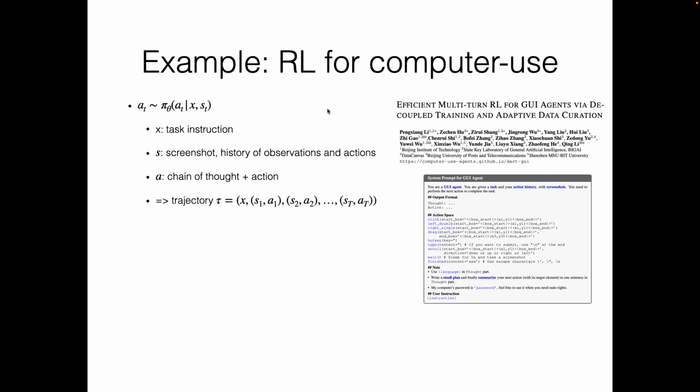And again, the environment here is going to be a computer use environment. Here you could see the system prompt that they give. Sorry, it's small again. But it says, here's your output format, here's your action space. So click, left double click, right single click, drag, key type, scroll, wait, finished.